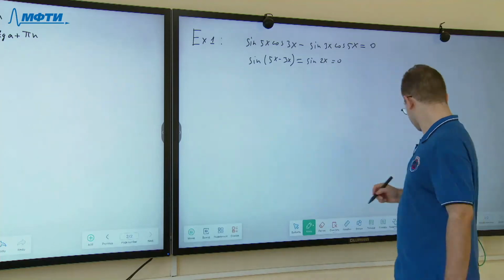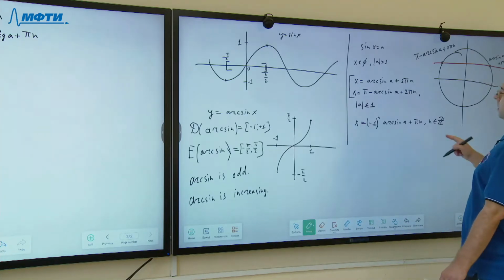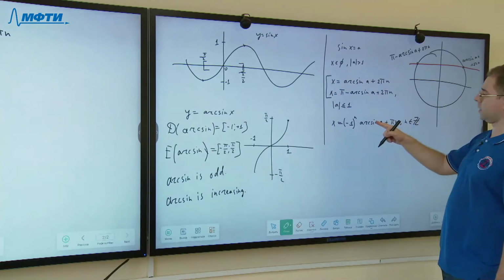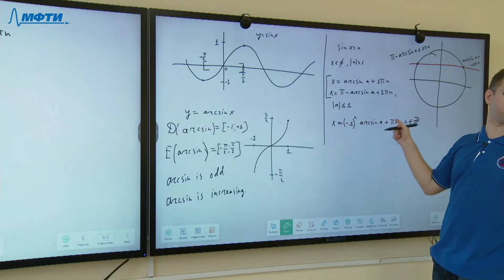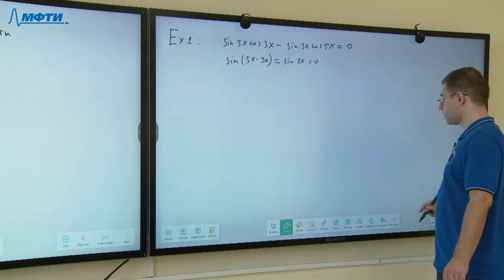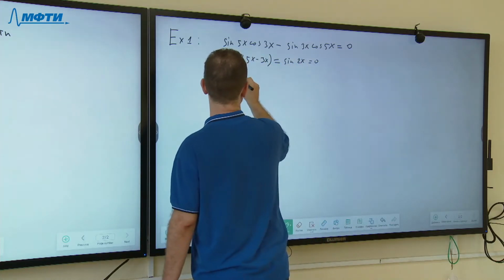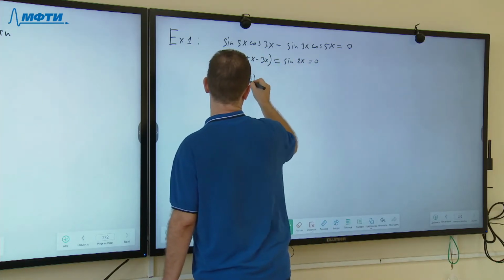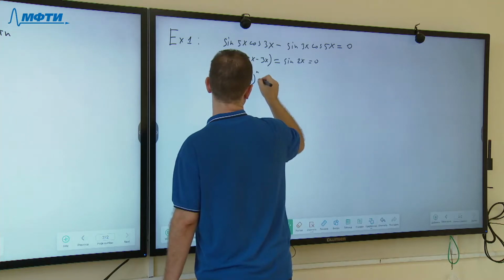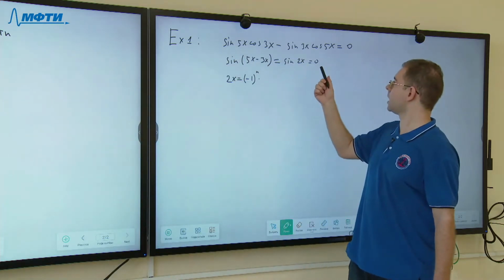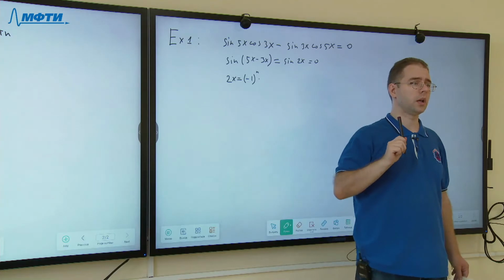Then we use this formula to solve this equation. We write down that 2x equals minus 1 power n times what is arcsine of 0?